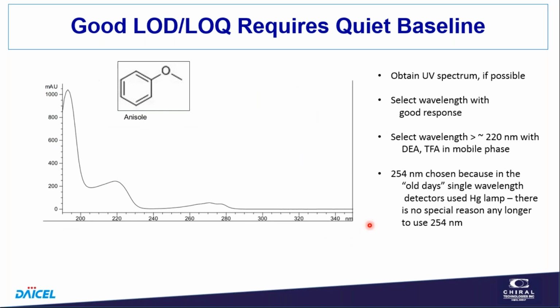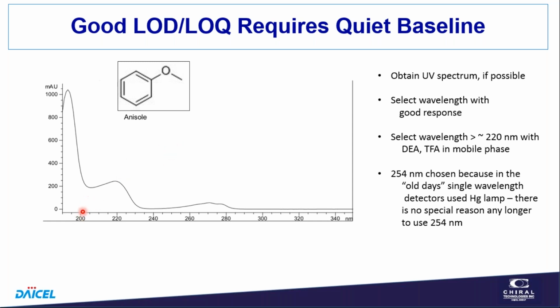And one of the things that we want to do, and this is an achiral compound, I just chose this spectrum because it has some things I want to point out, is obtain the UV spectrum if possible. So you want to select a wavelength with good response.